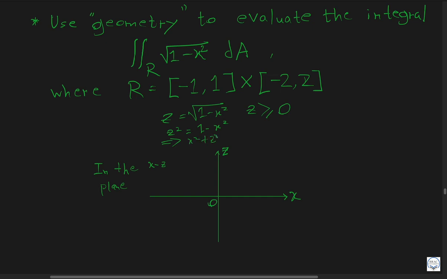Now this is just x squared plus z squared equals 1, where z is greater than or equal to 0, because otherwise it won't satisfy this equation. In order to satisfy the first part, this must be a semicircle on the xz plane. This is the equation of a semicircle on the xz plane. So we will draw a semicircle here.